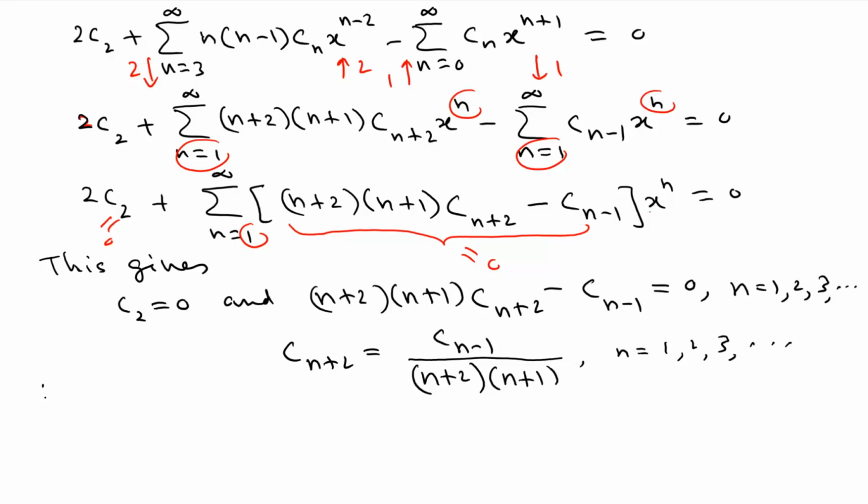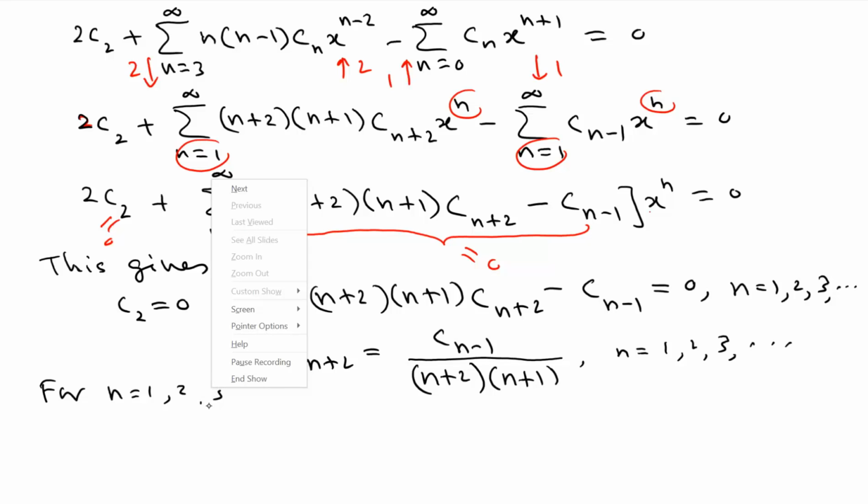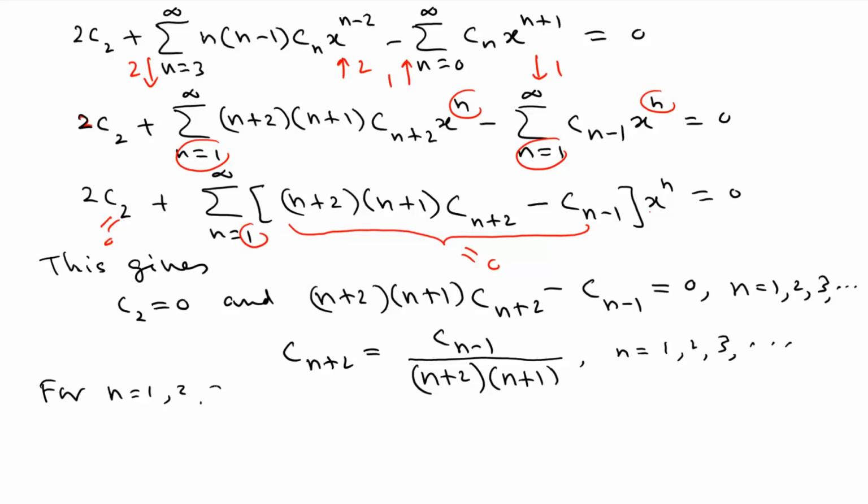So for n equals 1, 2, 3 like that, for n equals 1 we have c3, which is equal to c0 over 3 times 2.